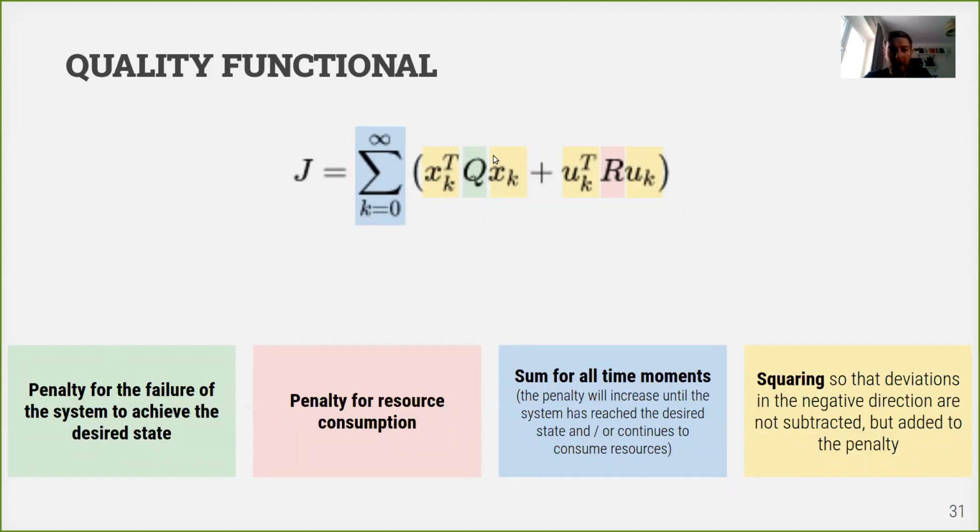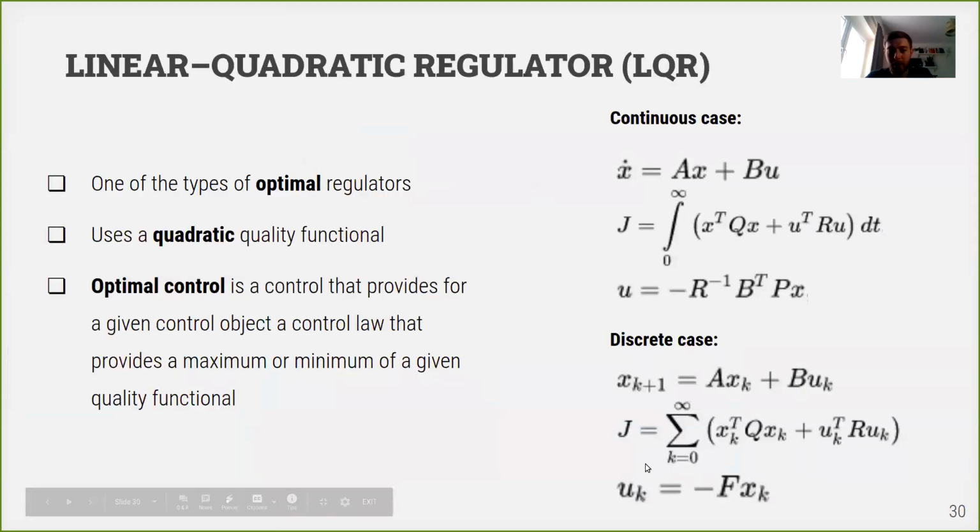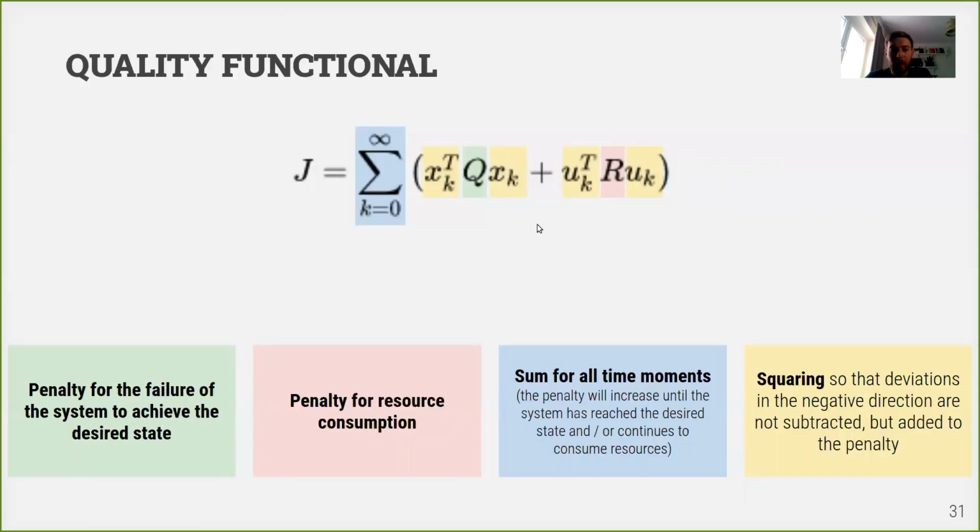So Q is a matrix where, for each element in our state vector, X is the state vector, for example, in terms of a car, it could be position and velocity and acceleration, we multiply our state vector by the special matrix Q, which holds the penalty for each state member for not reaching the desired state.